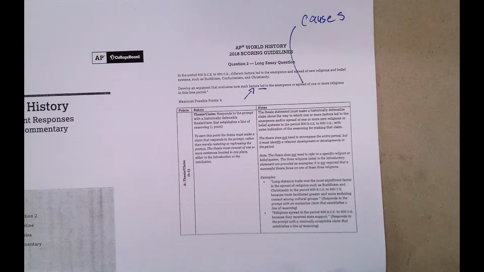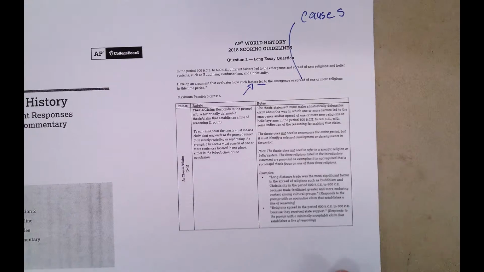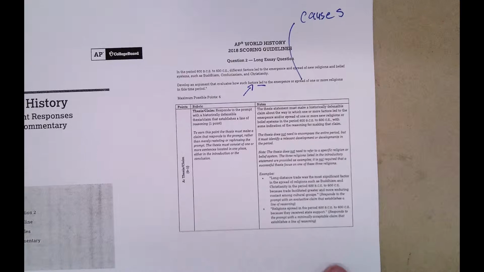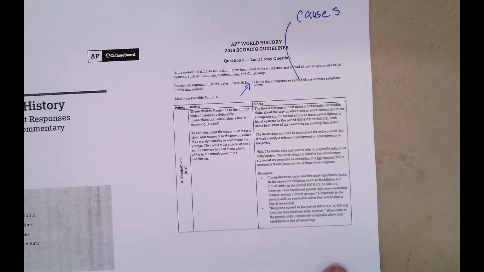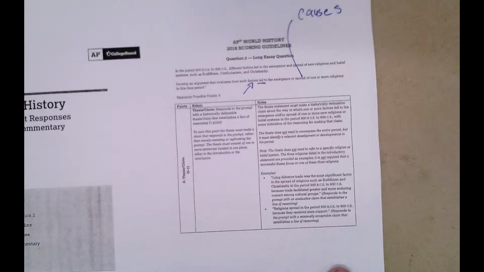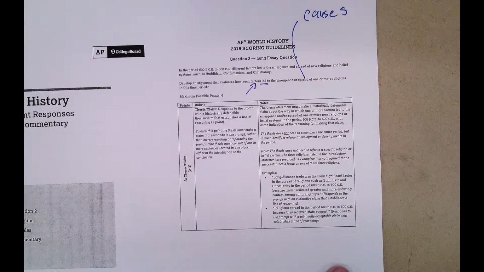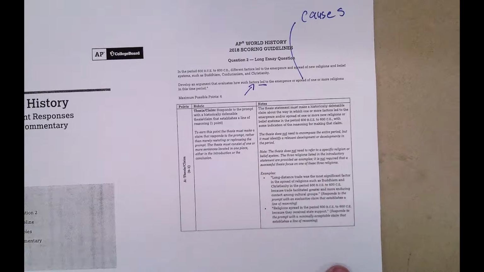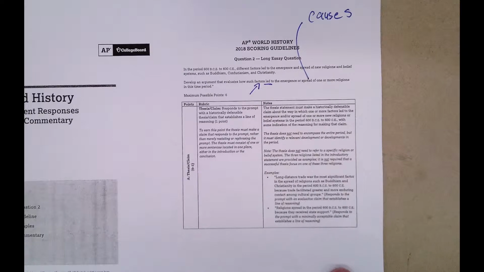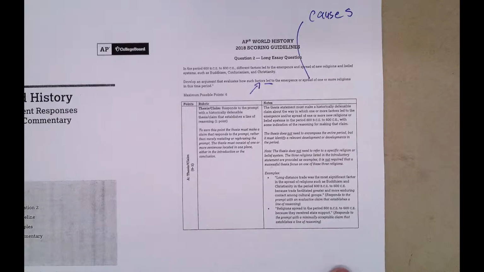It's not talking about what the factors are. I don't have any documents to mark up, and I only got 40 minutes to write this, right? So the first thing I should start thinking about is what are some factors, what are some causes for the spread of religions? And I think there's a few obvious ones that we can use.